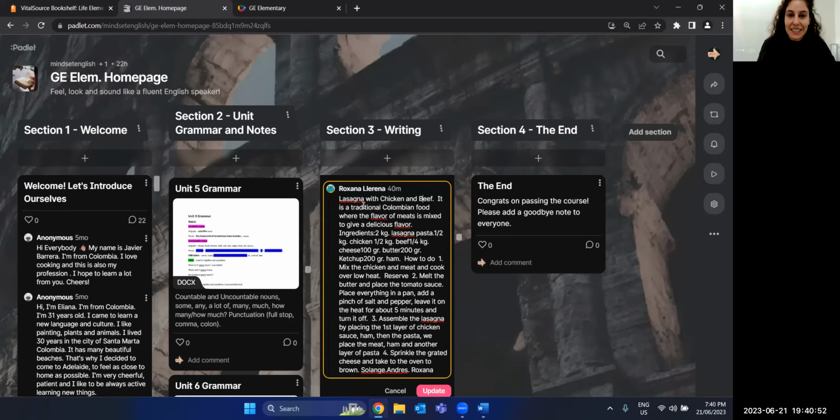So it is a traditional Colombian food where the flavor, I'm going to go for the British spelling, flavour of meats is mixed to give a delicious flavour. Using the word twice doesn't look nice in a sentence. So you don't want to use the word 2 times in a sentence.